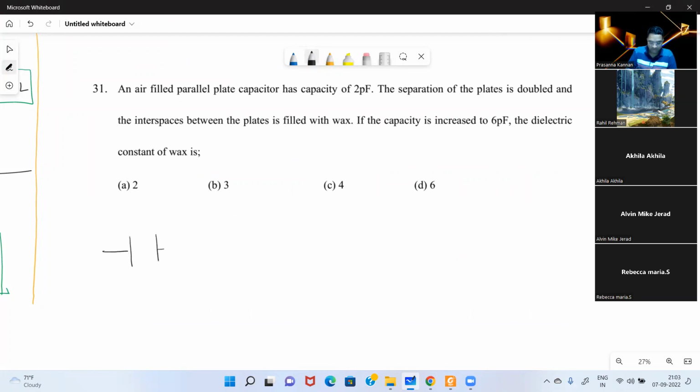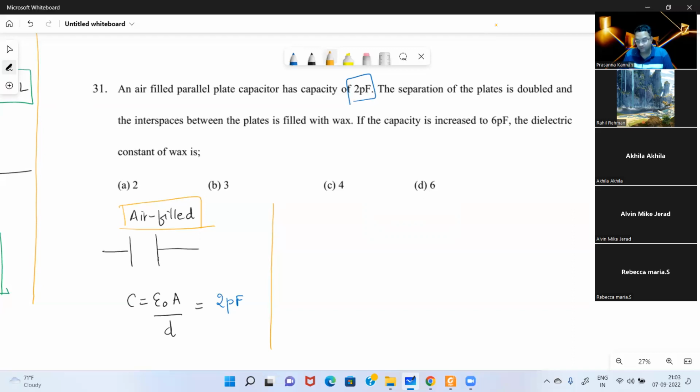There is nothing inside, just air. So in this case, what is the capacitance given by? Simply epsilon naught A by D. This is the air-filled condition, and the value given is 2 picofarad.